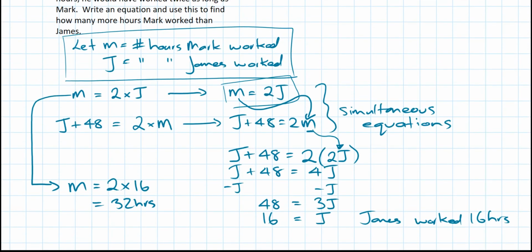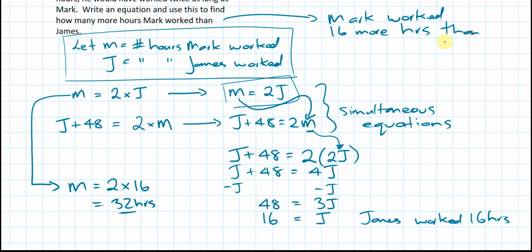The original question asks us how many more hours did Mark work than James? So Mark worked 32 hours. So our final answer is Mark worked 16 more hours than James. So you definitely need this final sentence here.